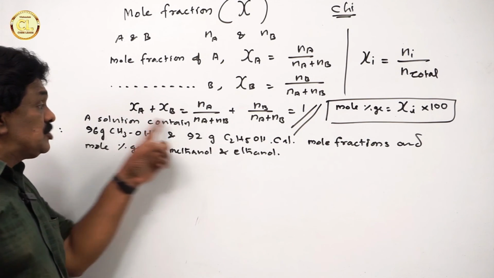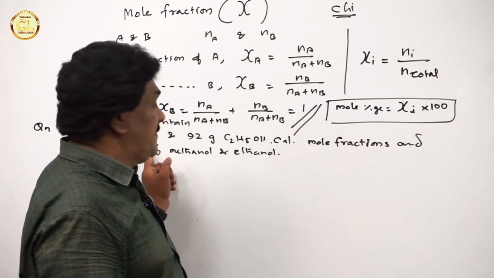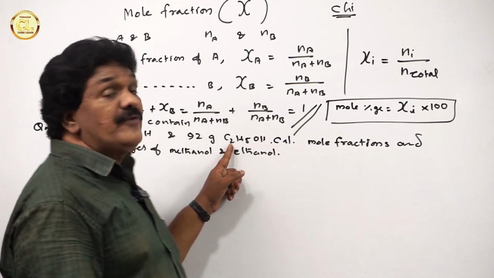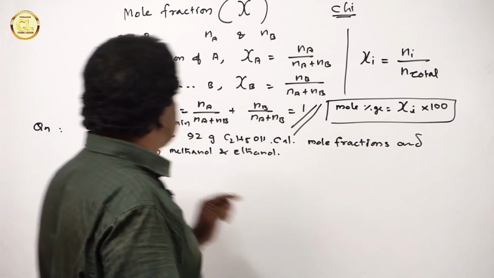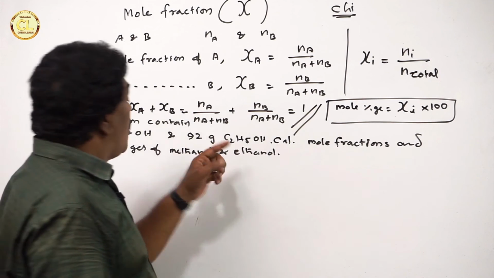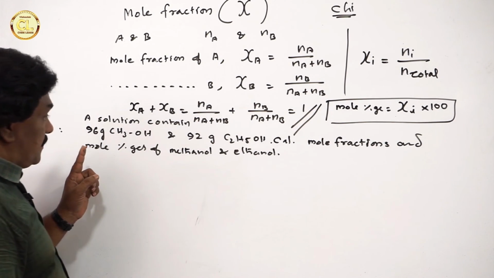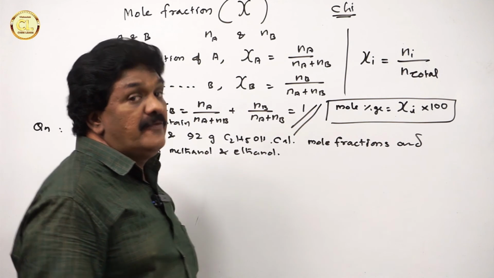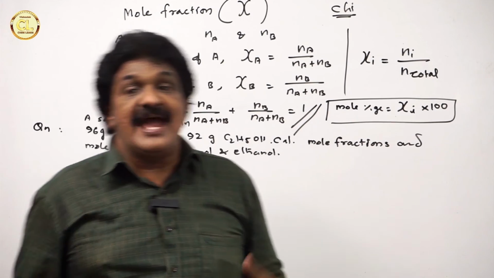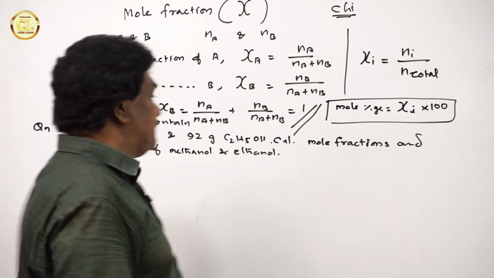See, a solution contains 96 gram of methyl alcohol or methanol and 92 gram of ethyl alcohol or ethanol. Calculate the mole fractions of both, methanol and ethanol, and the mole percentages of methanol and ethanol. We are asked to calculate the mole fraction of methanol and ethanol and their mole percentages.